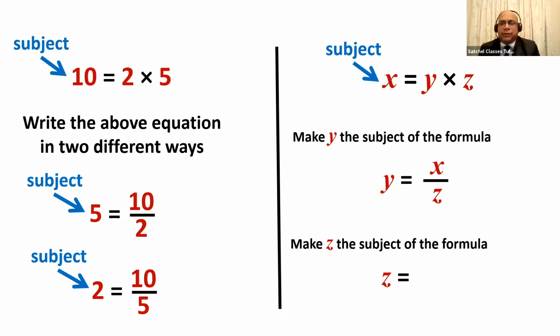And z will be equal to x over y, x divided by y. So while in the first case, x was the subject, in the second case, y is the subject, and in the third case, z is the subject, because these are the letters on their own on one side of the equal to sign. So it is possible to change the subject of the formula, and that's what we'll learn in today's lesson. We'll try to understand how to change the subject of some simple formulae.